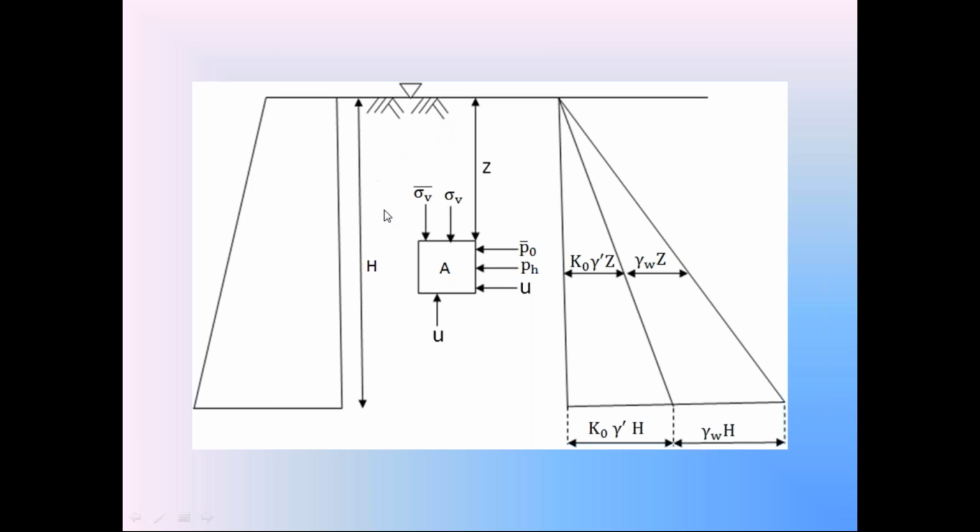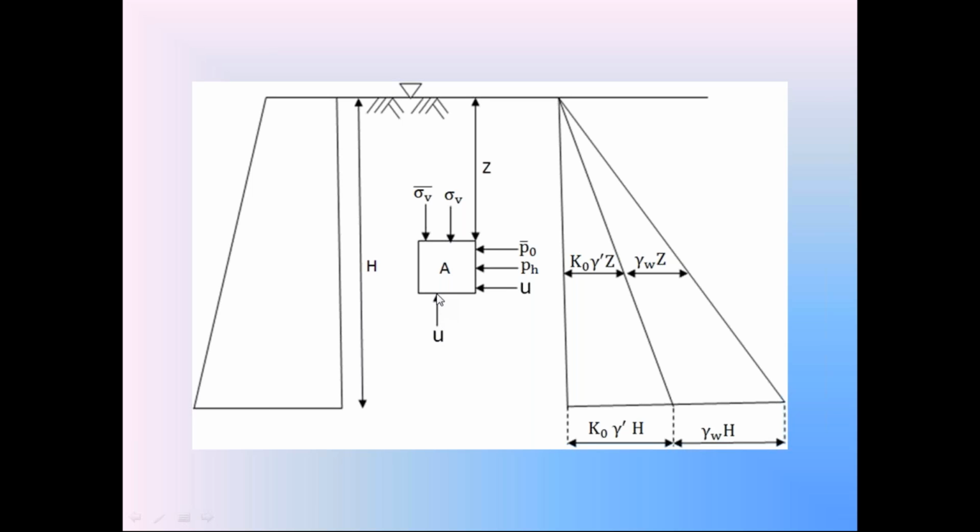The pore water in the soil applies the pore water pressure in the upward direction, that is U, equal to gamma W into depth Z. So two stresses are acting on the soil element A: sigma V in the downward direction, and pore water pressure in the upward direction.